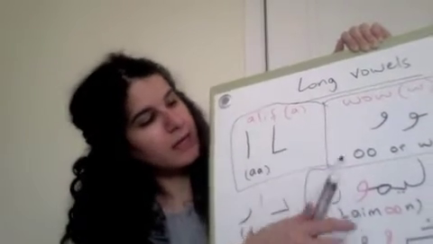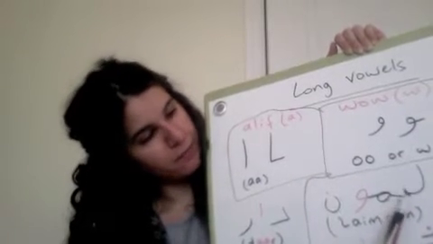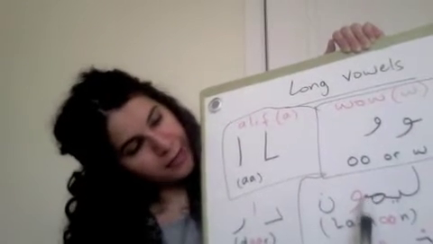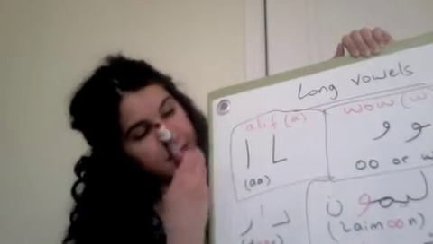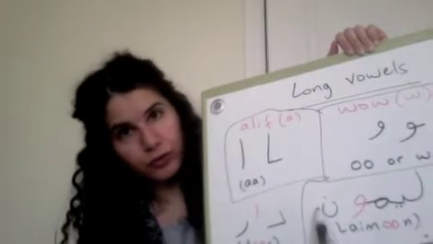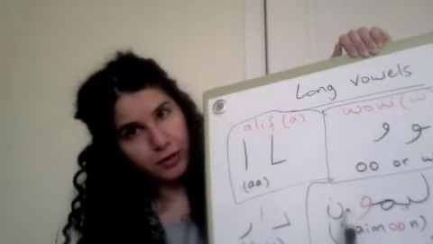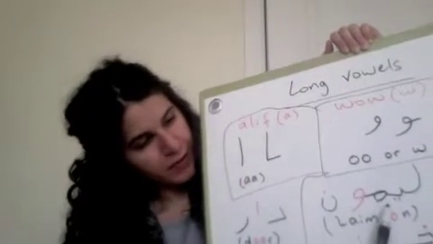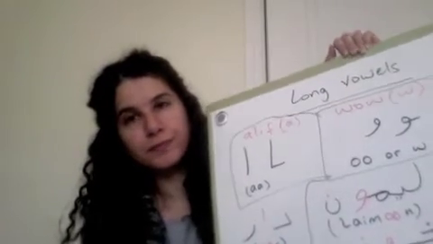Anyway, this is the lam, this is L. And this letter right in front of the waw is a ma. It's harf al-mim, and this is harf al-nun. So this is N and this is M. And we've got the waw in the middle. So this is how we read it: laymoon.